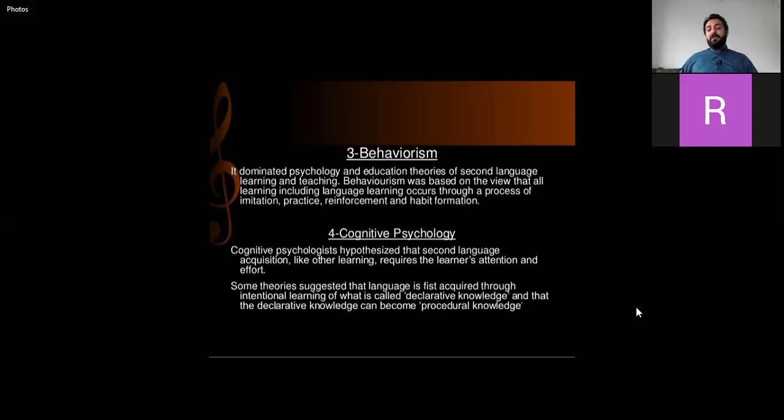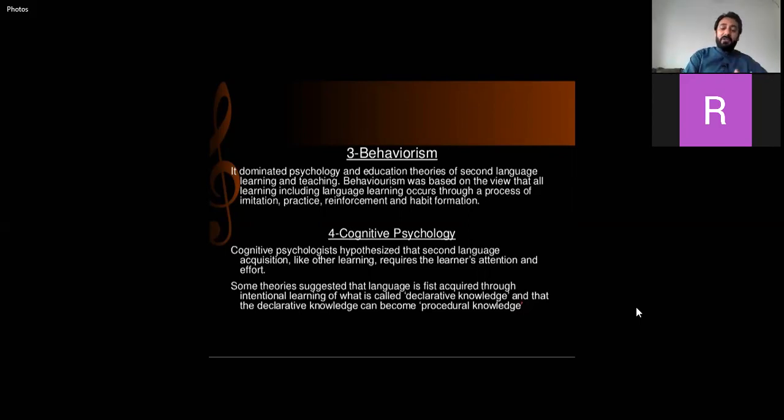The third theory is behaviorism. As we already mentioned in first language acquisition, this was the theory by B.F. Skinner. Skinner was of the view in first language acquisition that language can be acquired from parents and siblings.